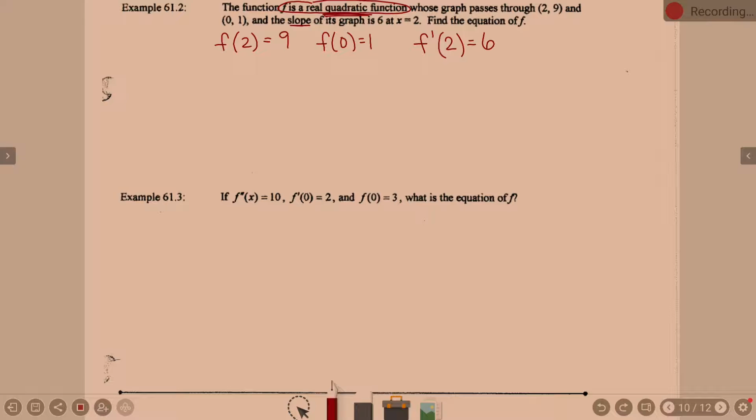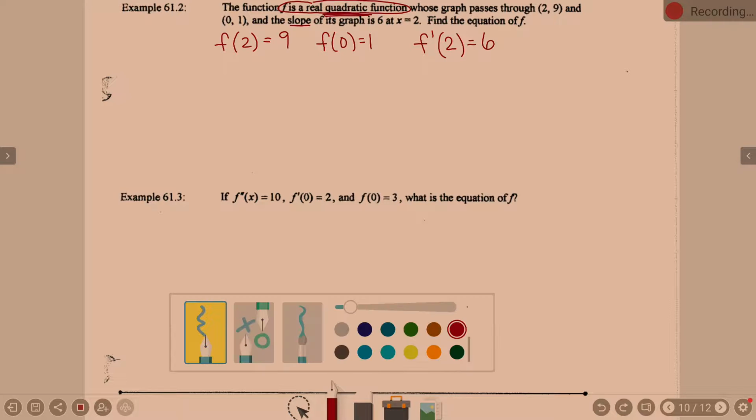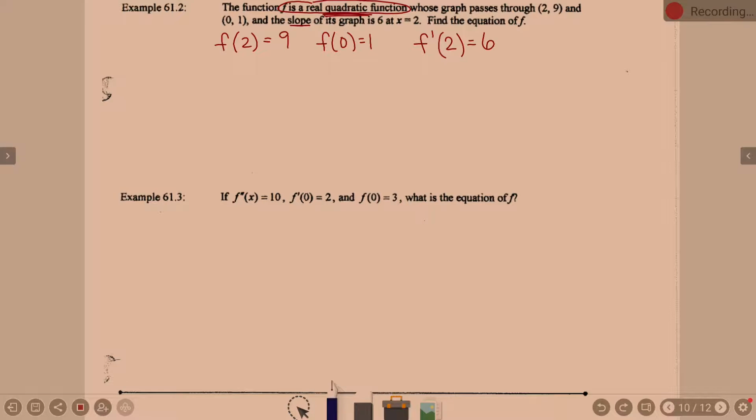Okay, so our job is to find the equation of f. What kind of equation were we told f is? It's a quadratic function. What equation do we know for a quadratic function? Go more than just x squared, though.